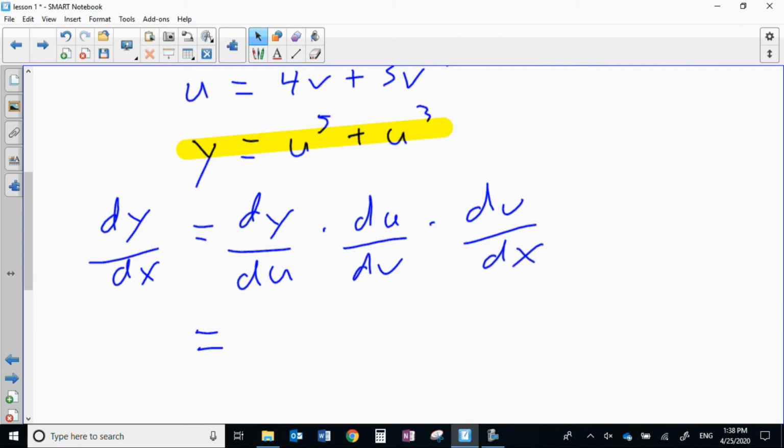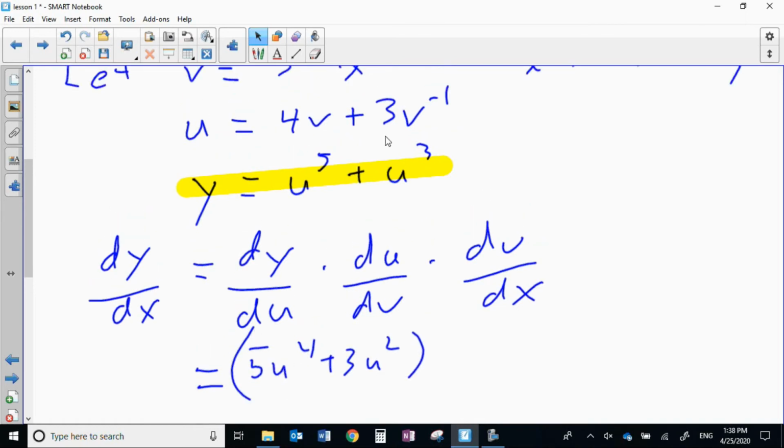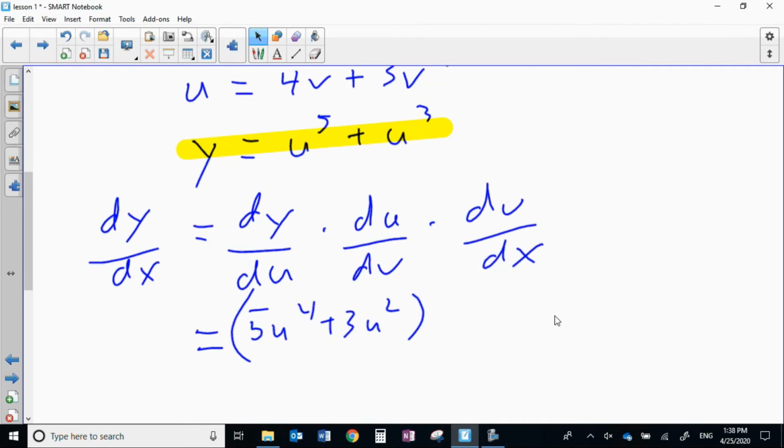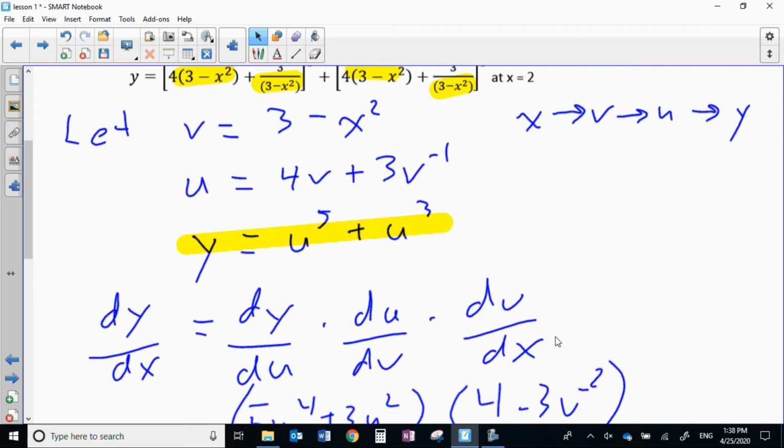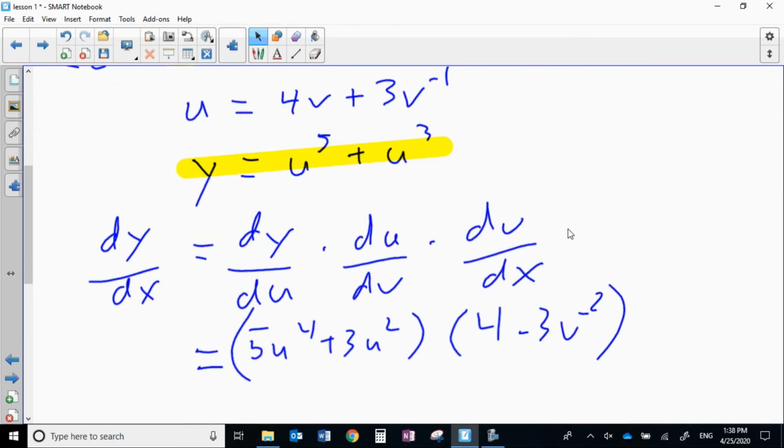That will be 5u to the power of 4 plus 3u squared. Okay, next one, du by dv. I'm taking the derivative of this right here. So du by dv would be equal to 4 take away 3v to the -2. And then finally, after that, I'm taking the last derivative. dv by dx is just going to be -2x.